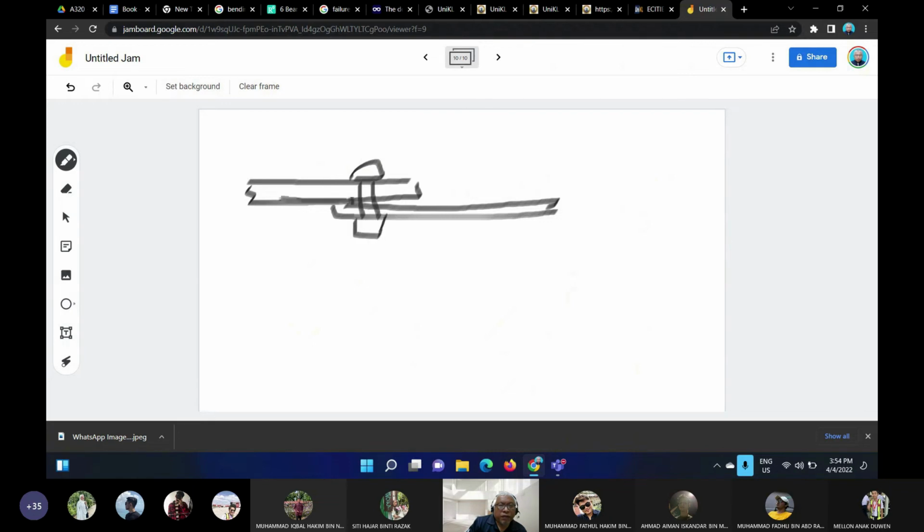So rivets are taking out shear. They don't take tension. However, in certain situations, you may have excessive bending. Maybe the rivet is under bending.